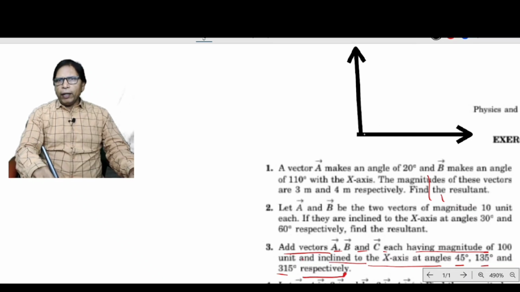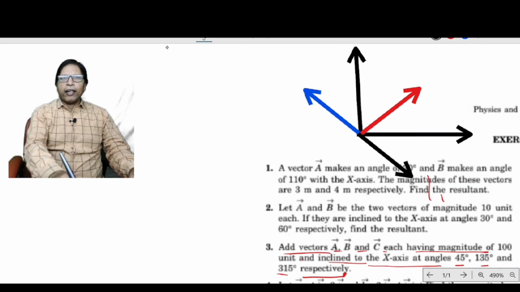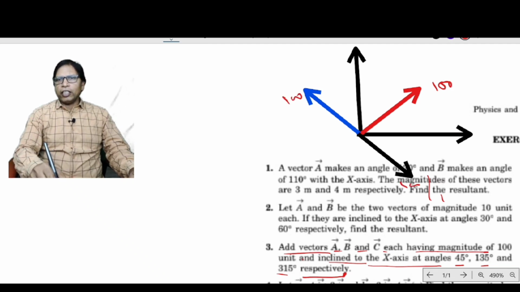One vector makes an angle of 45 degree. Another vector makes an angle of 135 degree. And the third vector makes an angle of 315 degree. Each is 100.